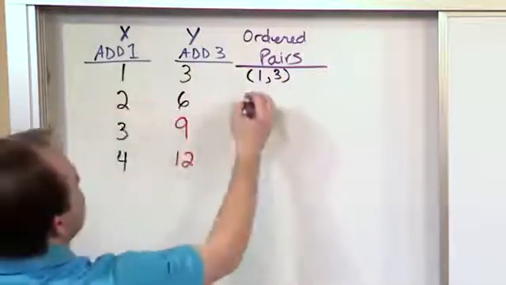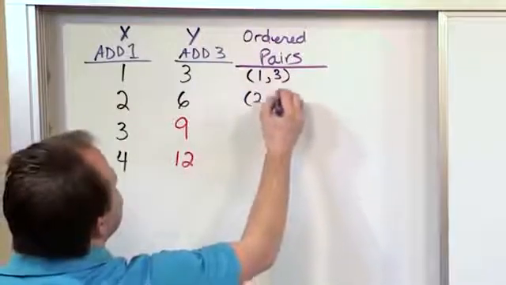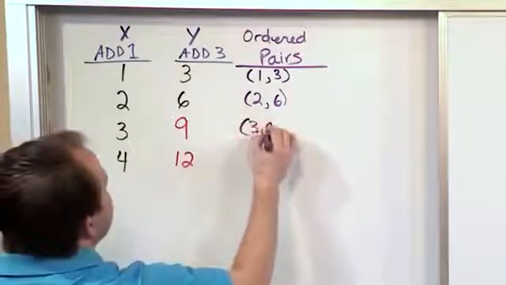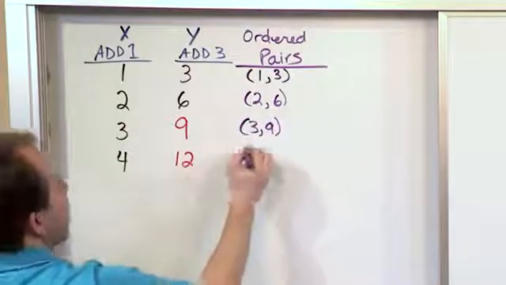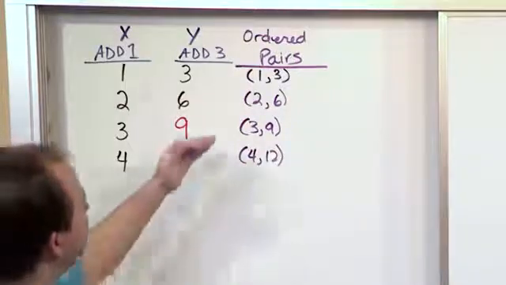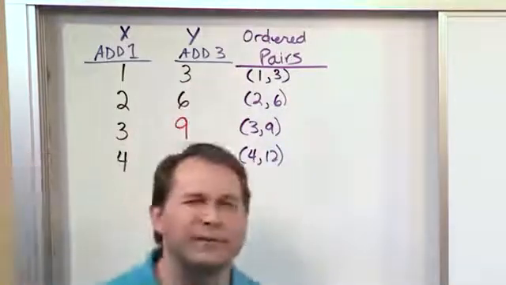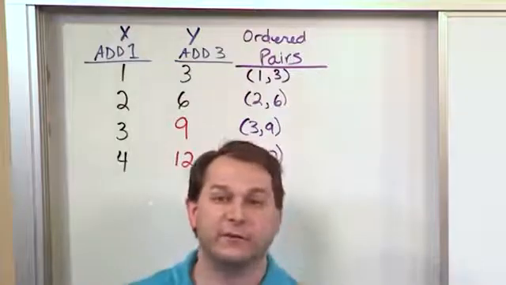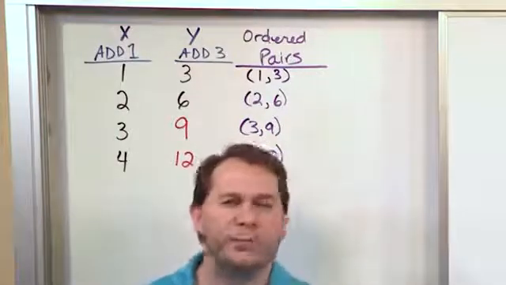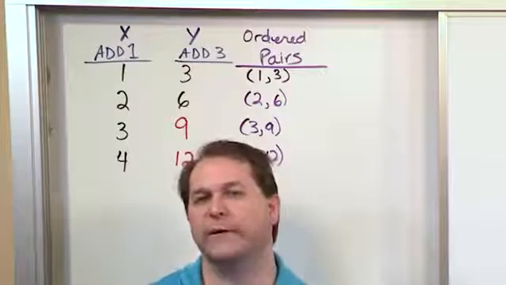The ordered pair for this line is 2, 6. The ordered pair for this line is 3, 9, and the ordered pair for this line is 4, 12. So what we've done is we've generated 4 ordered pairs. The concept of an ordered pair is just a couple of numbers that go with the columns, much as we've done here, and we're grouping the rows into what we call ordered pairs.